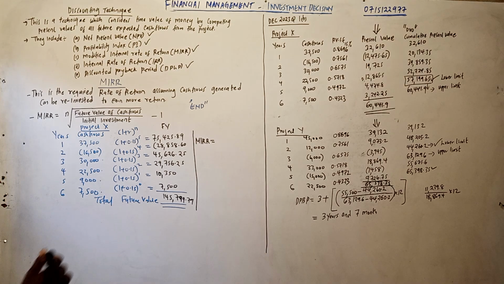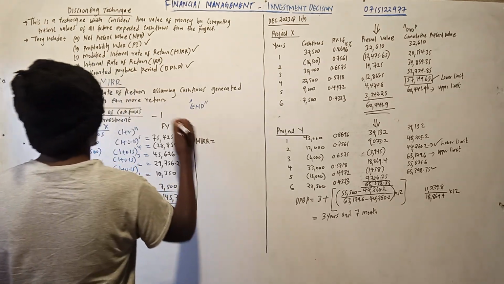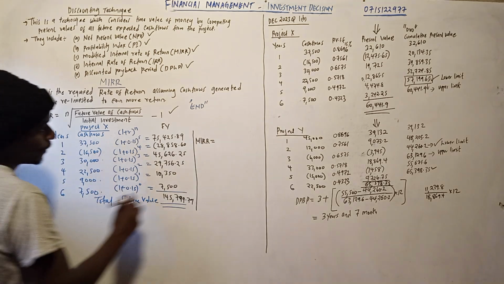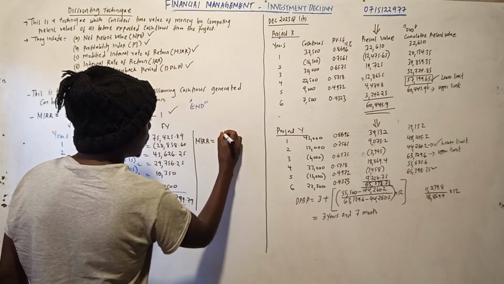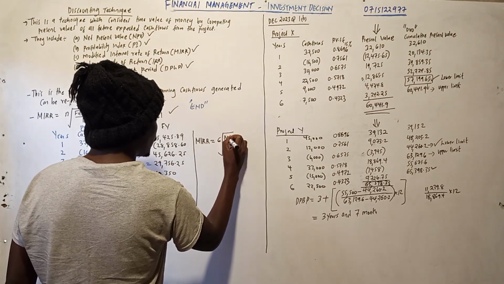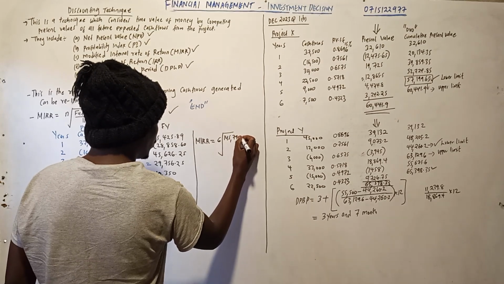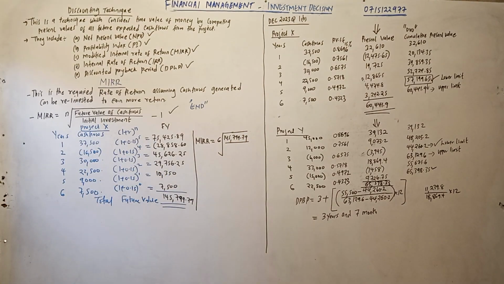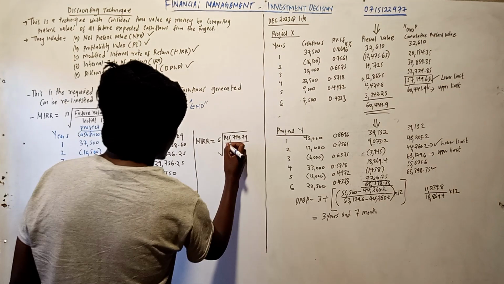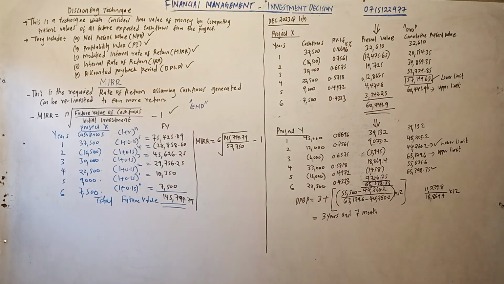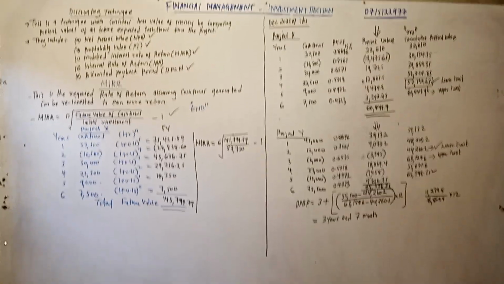Now, MARR is equal to 6. So the formula, we want to use this formula. So N is 6 periods. So the 6th root of the future value, 145,799.79, over the initial investment. So what is the initial investment? The initial investment was 57,750. What you get, you minus 1. So let us see.